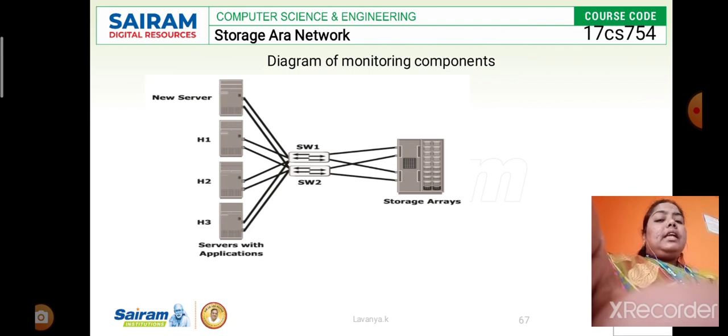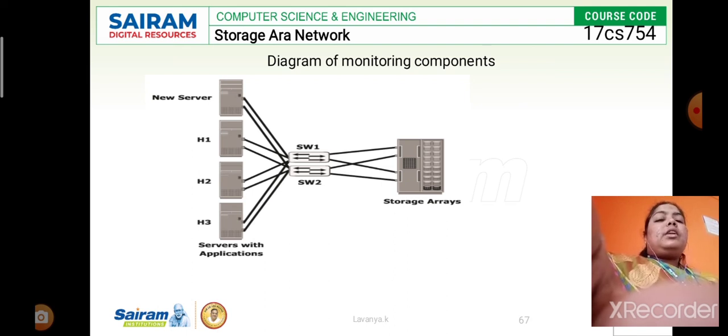The remaining clients, applications, hosts or nodes are not affected. As usual, they can communicate in time and write data to the storage device, meaning they can easily transfer data to the storage device.